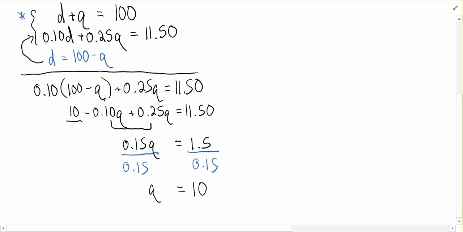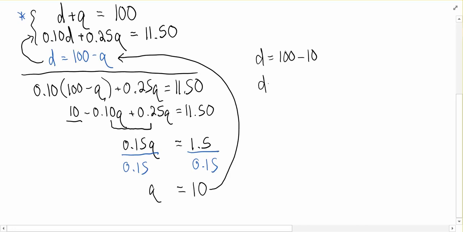We have 10 quarters here. So let's go ahead and plug this back in to figure out how many dimes we have. D equals 100 minus our Q, or D equals 90. And so this is telling me I have 90 dimes and 10 quarters.